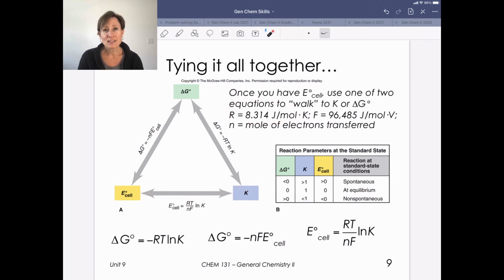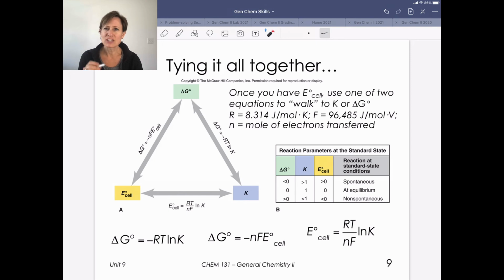The R constant is not going to be the gas constant. It's going to be the one that has energy as part of it. So it's the 8.314 joules per mole Kelvin. Here's a new constant that we haven't really talked about. This is Faraday's constant. Will be provided for you, but this is going to be the F that we see here. And then N is going to be the moles of electrons transferred.